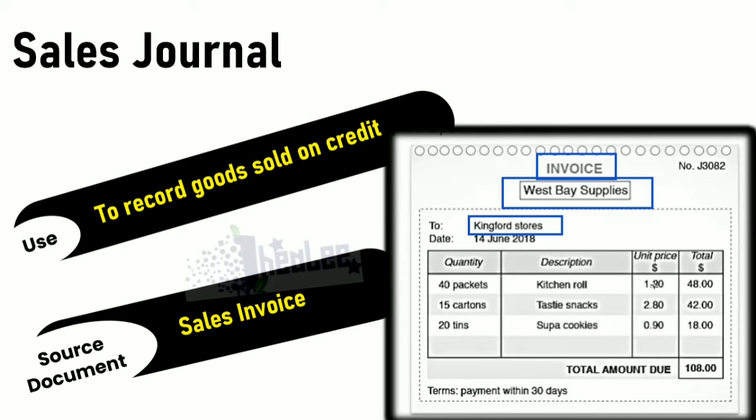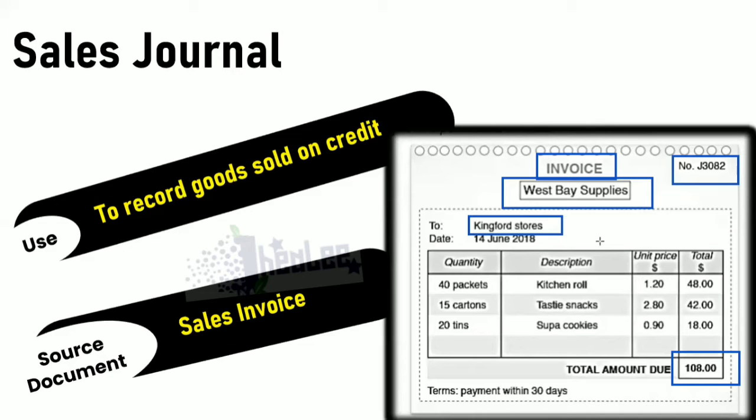The amount that will be picked up from this invoice would be the total amount that is due, which is $108. Definitely, this information is required when you're preparing your sales journal because it serves as evidence that a transaction took place, and that is the number coming from the invoice. From the sales invoice, a record of the credit sale would be made to the sales journal.